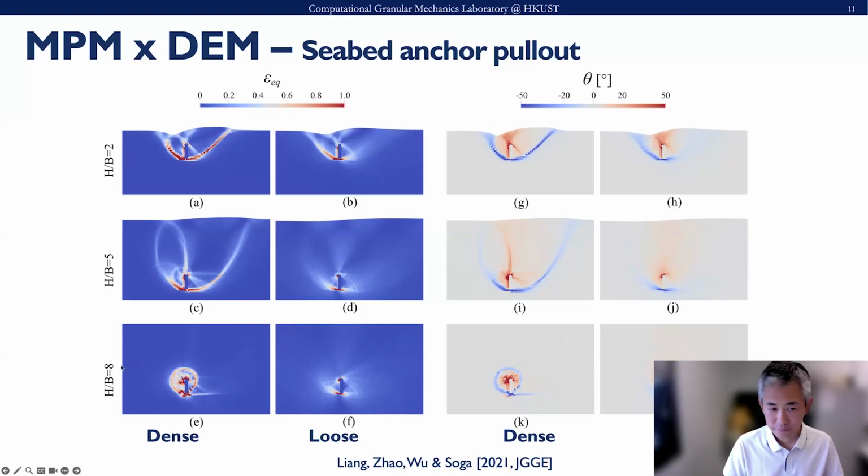Quite interesting, if we further bury this anchor deeper until H over B reaches 8, you can see in the dense part a local circulation mechanism. What does this mean?